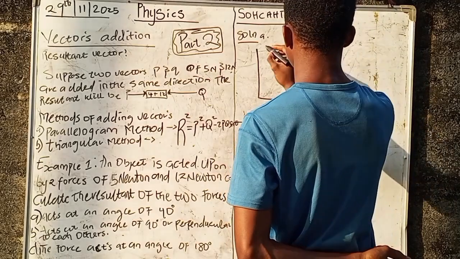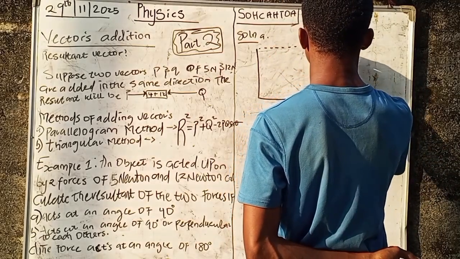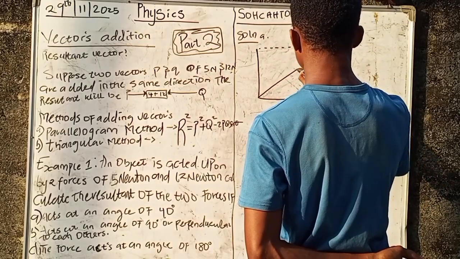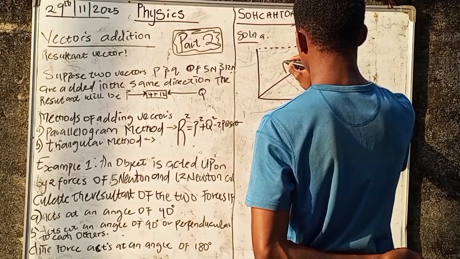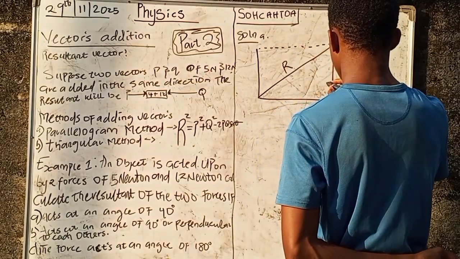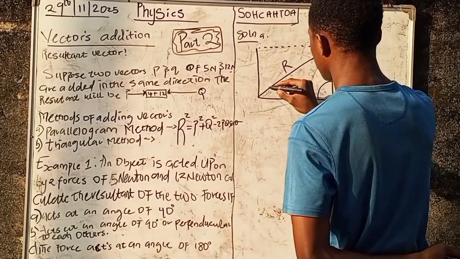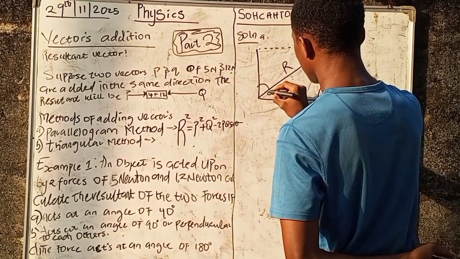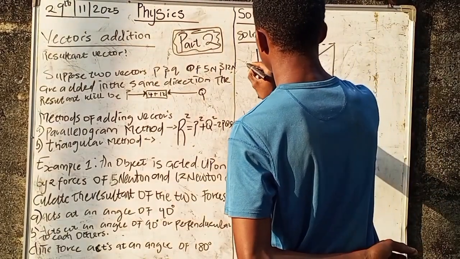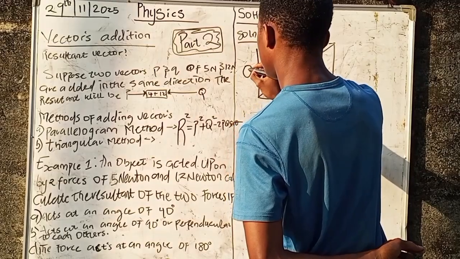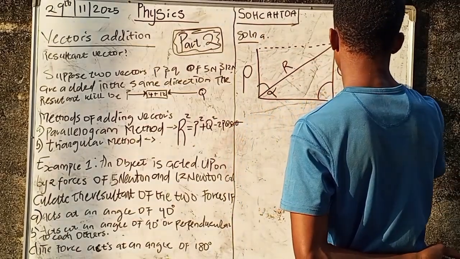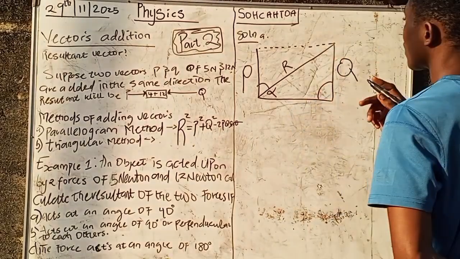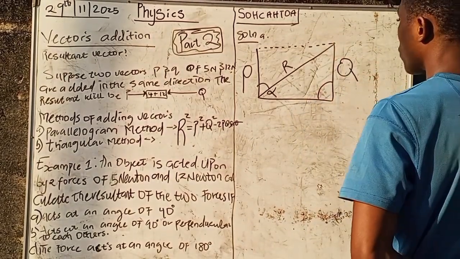Drawing our parallelogram, we have something like this. Here is our resultant, here is our theta, here is also our theta, and here is alpha, here is P, and here is Q. So we have this to be our parallelogram.